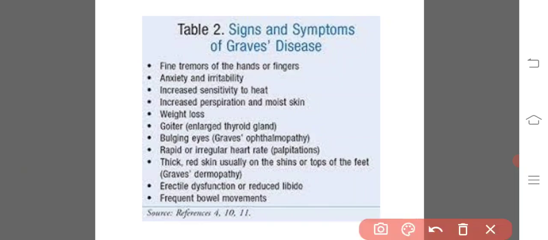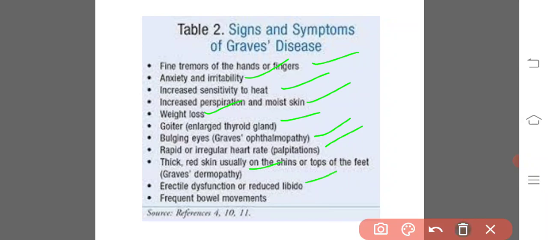If you see the signs and symptoms of the Graves' disease: fine tremors of the hands or fingers, anxiety and irritability, increased sensitivity to heat, increased perspiration and moist skin, weight loss, goiter, enlarged thyroid gland, bulging of eyes, that is Graves' ophthalmopathy, rapid or irregular heart rate, palpitations, thick red skin usually on the shins or top of the feet, Graves' dermopathy, erectile dysfunction or reduced libido, frequent bowel movements.